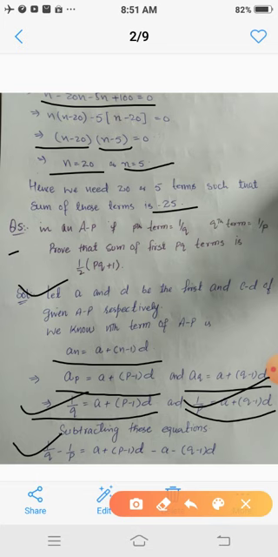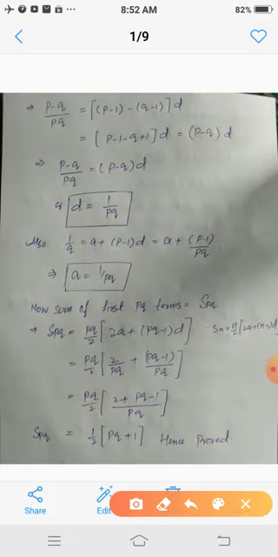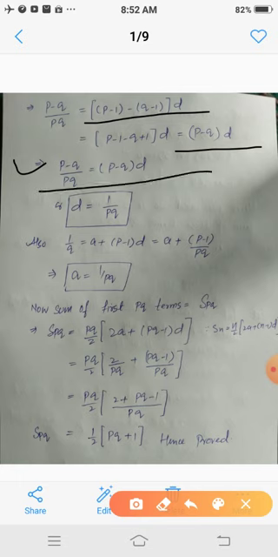Cancelling a and a, taking d common, on the left side we get (p minus q) by pq, and on the right side we get (p minus q) into d. So (p minus q) into 1 by pq equals (p minus q) into d. Cancelling p minus q, we get d equals 1 by pq.